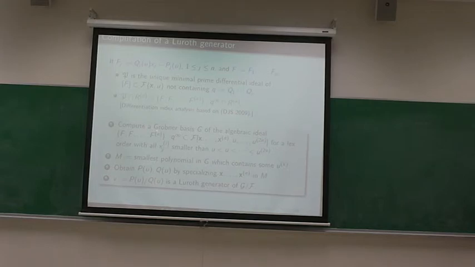We compute a Gröbner basis of the ideal using a lexicographic order where the variables x are smaller than the variables u, and take the smallest polynomial in the Gröbner basis that contains some of the derivatives of the u. Then we specialize the variables x in a suitable manner, and in this way we obtain the Lüroth generator.